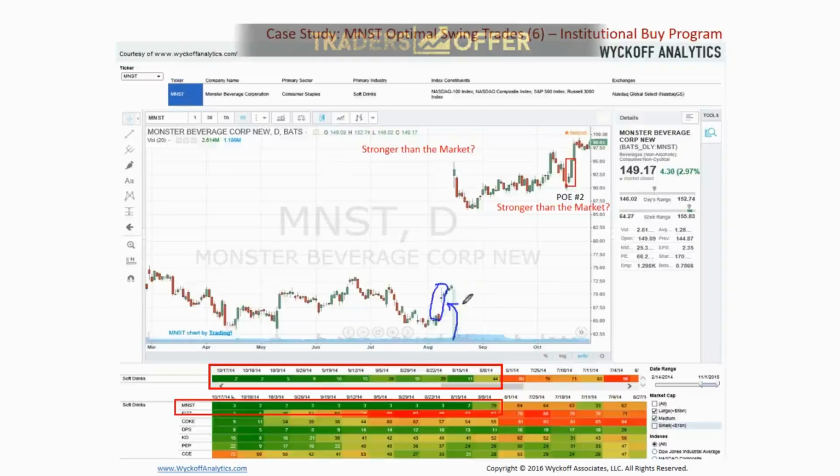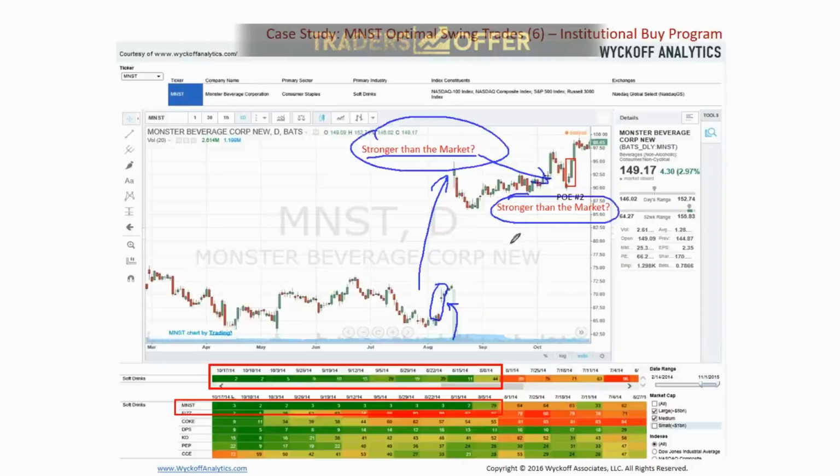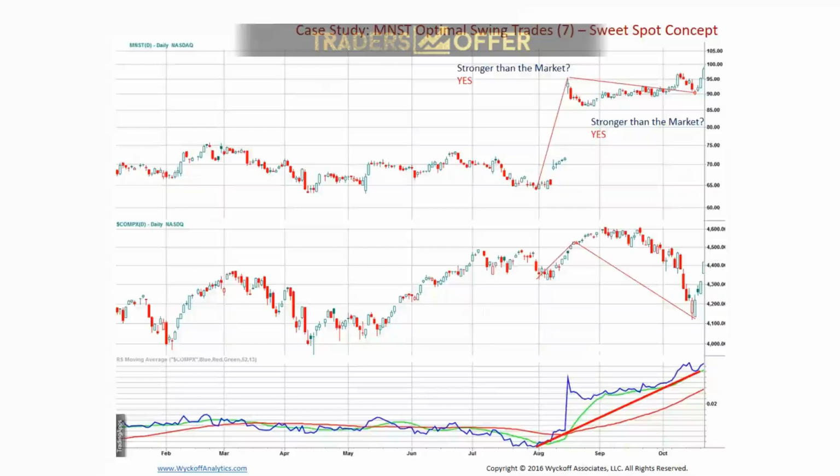So here is our first point of entry, and then on the next rally and on the next reaction, we continue our comparative analysis and ask the same question: is the rally or the reaction stronger than the market? And in both cases, we definitely see that there is strength on both.